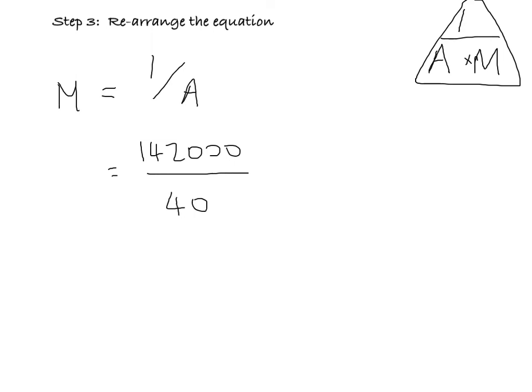And the answer that 142,000 divided by 40 will give us is 3,550. Now, magnification doesn't have a unit as such, so you put a times there to indicate that that is your magnification.